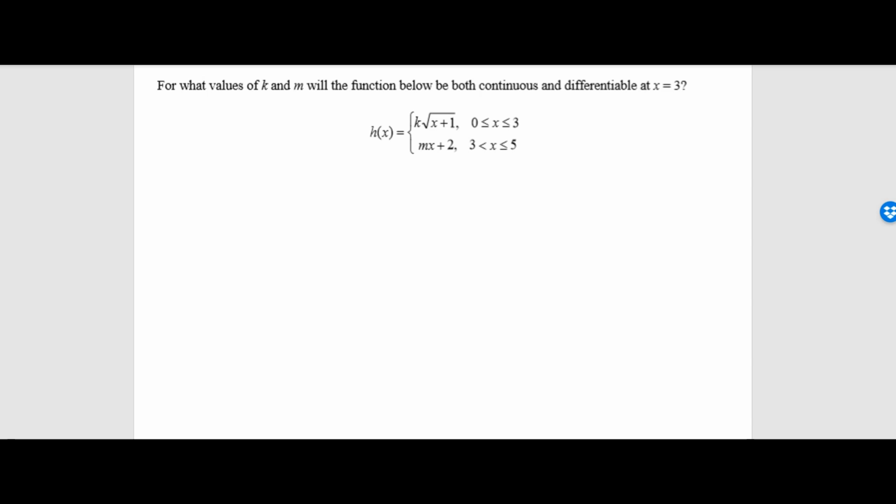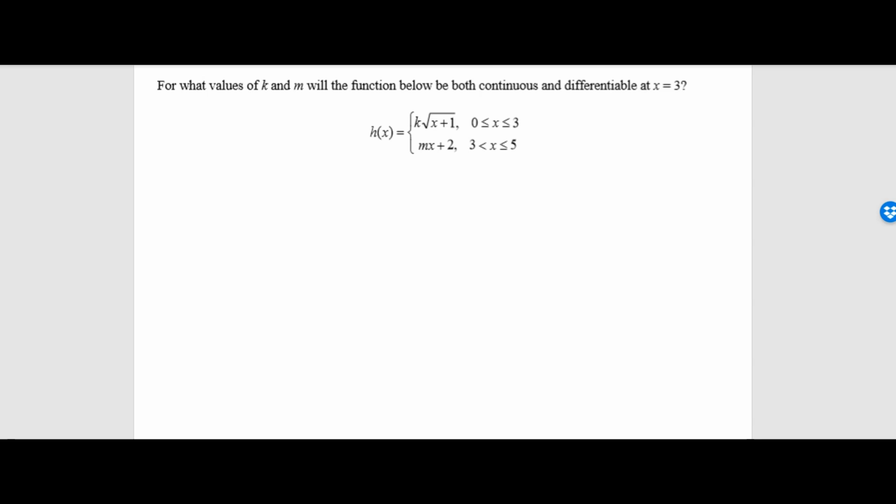So you're not proving that it's continuous or differentiable, you're finding the values of those two variables that would make it continuous and differentiable. So we can assume that it's continuous and differentiable and just find the values that would work for that. For continuity, we are checking the one-sided limits of the original function, right?